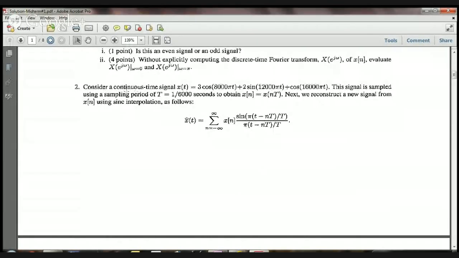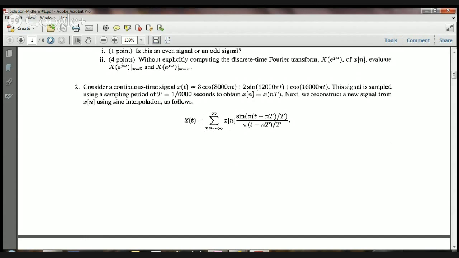Question 2 is about a continuous time signal x of t. It's 3 cosine 8,000 pi t plus 2 sine 12,000 pi t plus cosine 16,000 pi t. You are given the sampling period of this signal, and you obtain a discrete time signal. Now, after that, you reconstruct a new signal using sinc interpolation as follows.